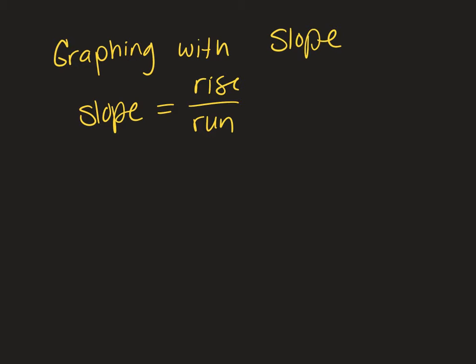That means it's telling you how far up and over, or technically also down and over, your point's going to move to continue your line. Let's say we were given the point 0, negative 2, and the line we needed to draw had a slope of negative 4.